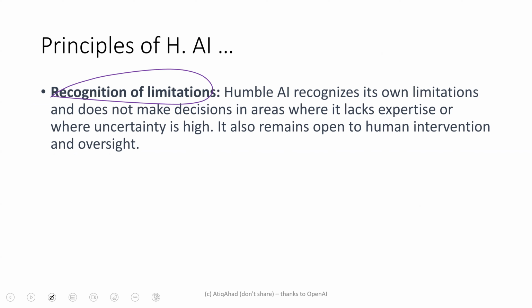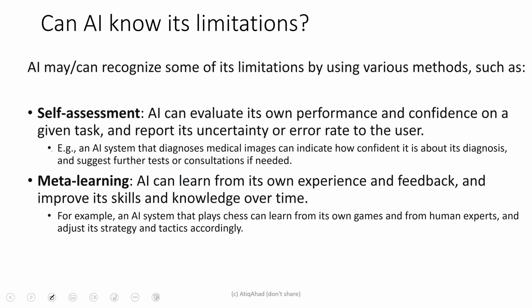This is another principle of humble AI. Just like we human beings say, honey, this is my limitation. I cannot earn more. I cannot work further. I cannot do this, or I can do this, or I'm unaware of it. So that's the problem. It also remains open to human intervention and oversight.